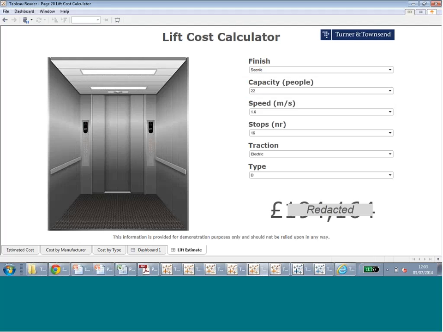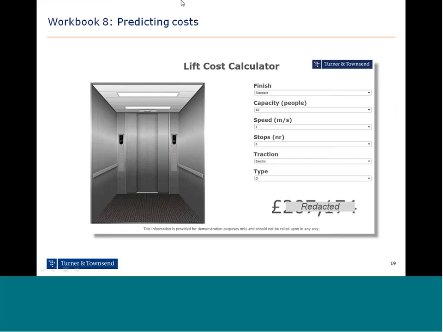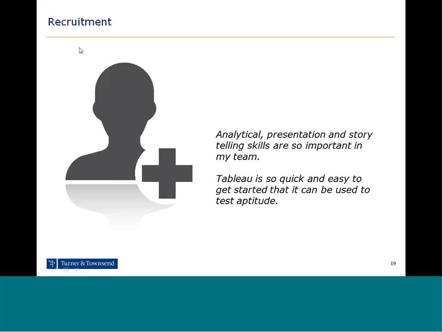You can also provide this over the server, and we can have clients with portfolios of different cost calculators relevant to their particular program of works, and it just helps them develop rough cost estimates for projects. So that was a brief look at predictive cost modelling.